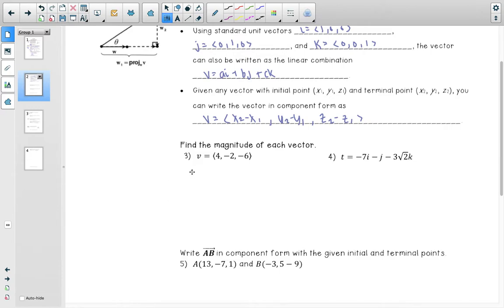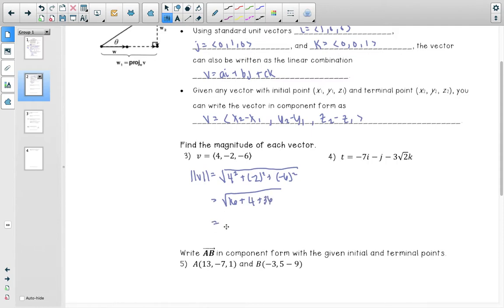So pretty simple. You're going to take 4 squared, negative 2 squared, and negative 6 squared. So 4 squared is 16. The negative 2 squared would be 4, and then you would have 36.